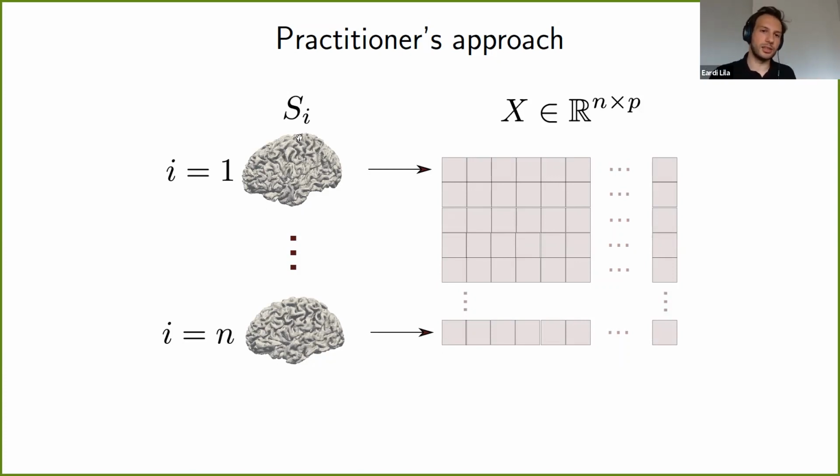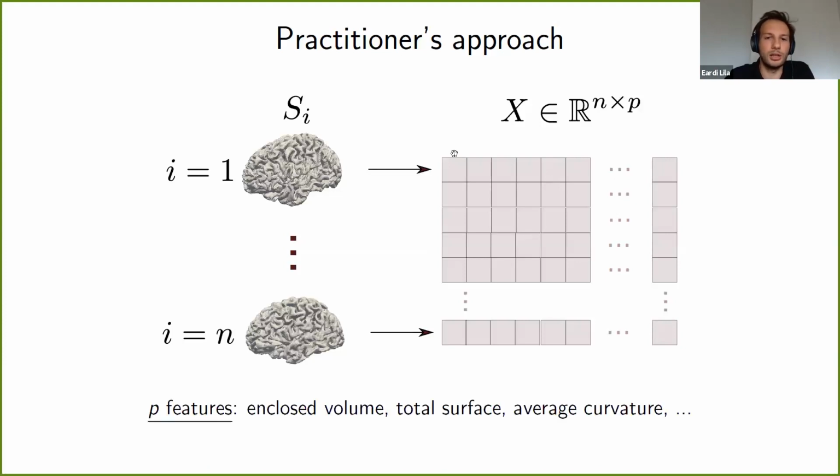The practitioner sees this shape, all this complicated shape, and would like to translate this shape into a data matrix, right? Because once it's able to translate every single shape into a row of your data matrix, then it can take the data matrix, launch the favorite R function on it, or Python function, and basically have the analysis done, right?